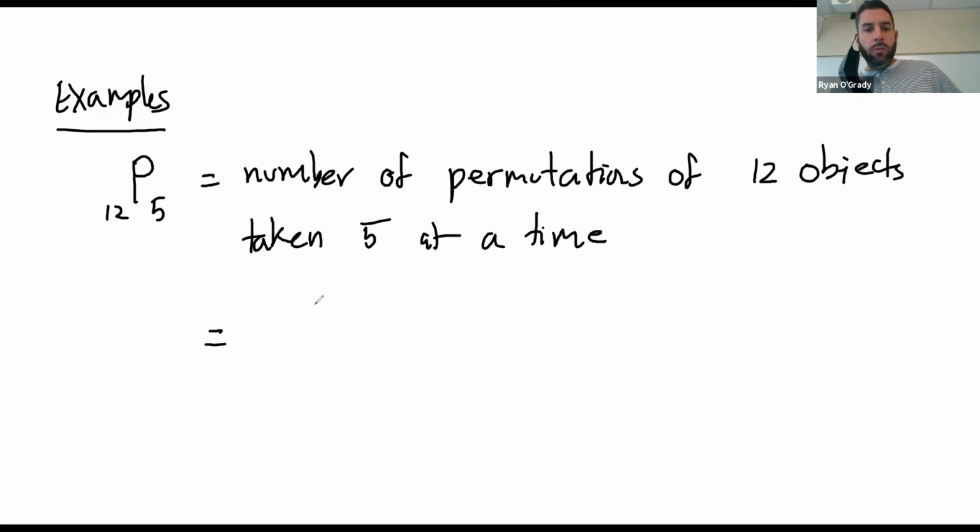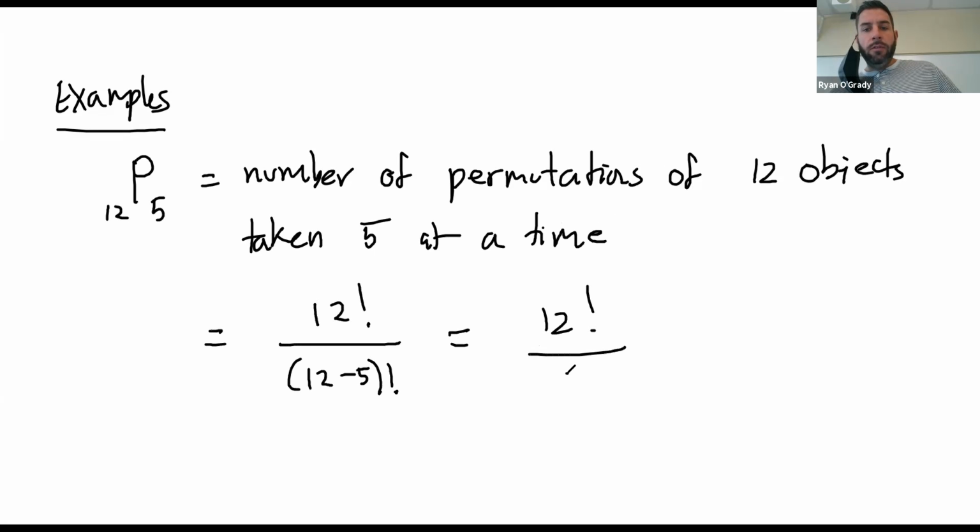And so what does that equal to? It's equal to 12 factorial over 12 minus 5 factorial, which is 12 factorial over 7 factorial.